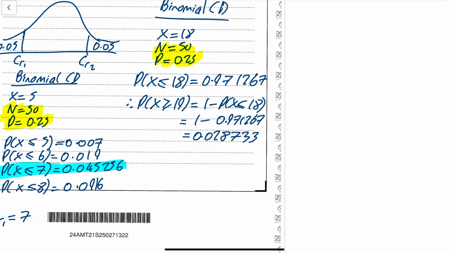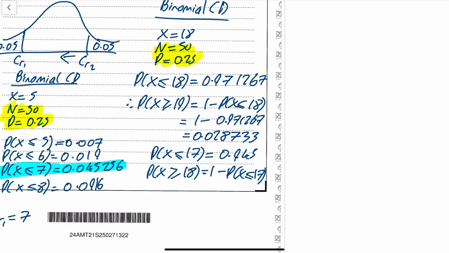So that's pretty good. I wonder could I have gone further in this direction. So we're going to try probability x is less than or equal to 17. So when I did that, I got 0.945. But that means probability x is greater than or equal to 18 would be equal to 1 minus the probability x is less than or equal to 17.